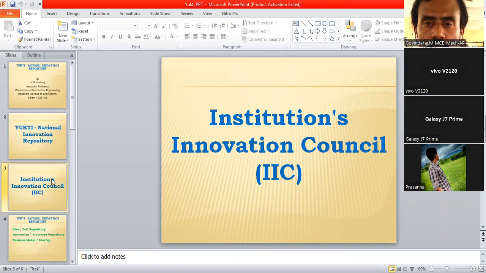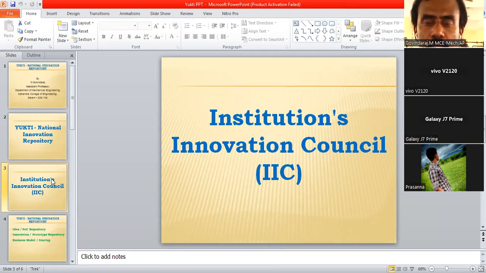The main thing is that for the students, we have to build the infrastructure and create the facilities for them to develop their own innovative skills. That is the main objective of forming the Institution Innovation Council.